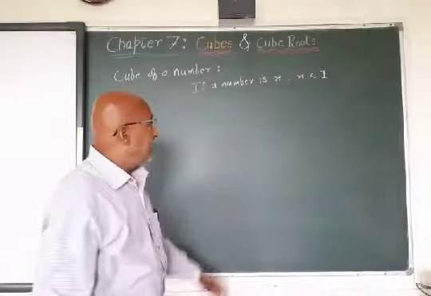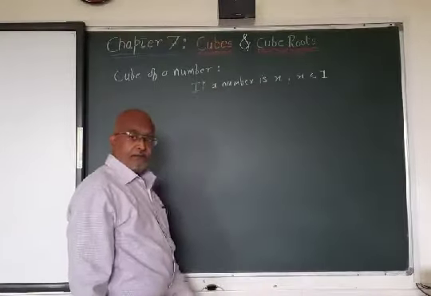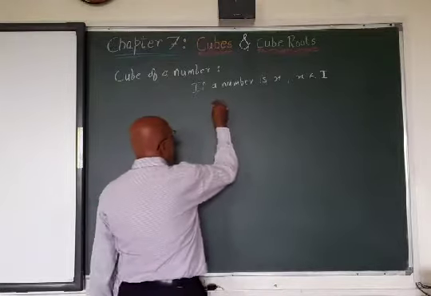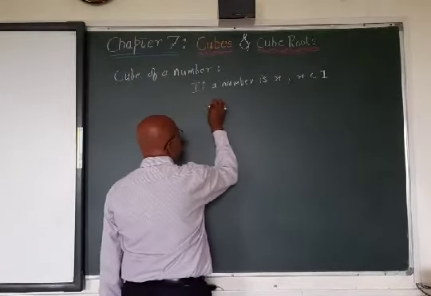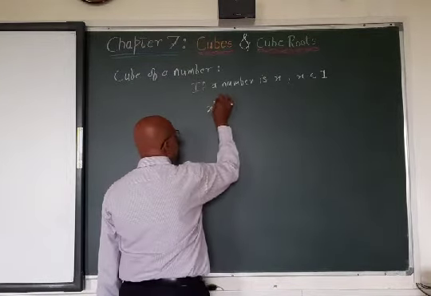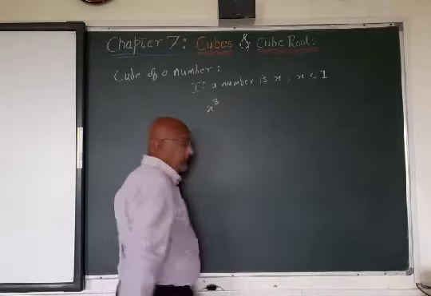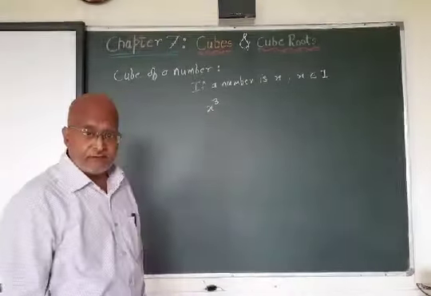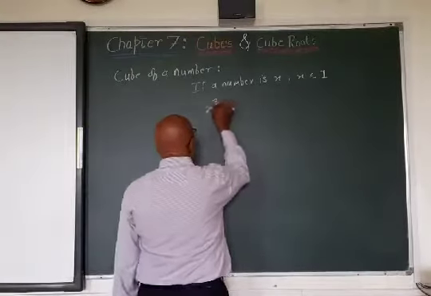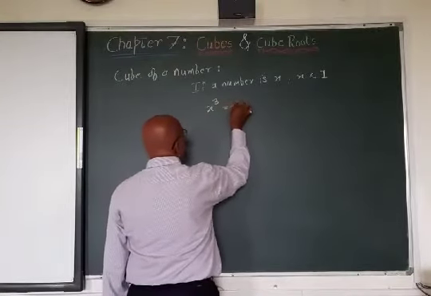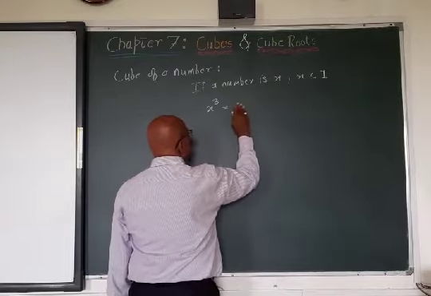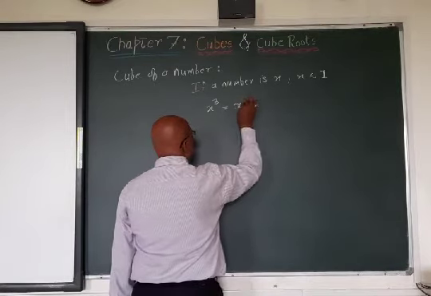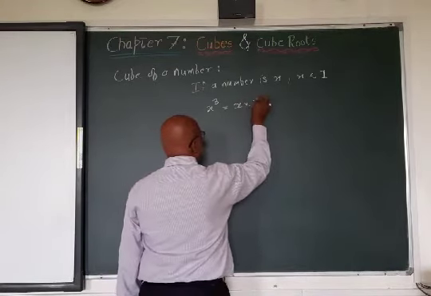Okay, so let x be an integer. The cube is written as x cubed, x to the power 3, or index is 3, and it is nothing but the product of the same number 3 times.